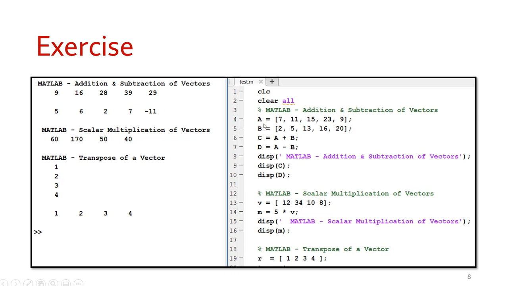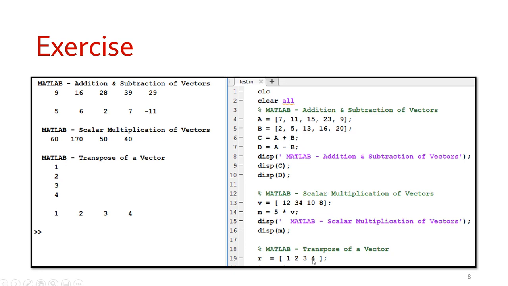So here we define A as a vector of 5 elements, 7, 11, 15, 23, 9, and B is the same thing. You can add the two vectors and put the result of the addition in another vector. You can subtract the two vectors and put the subtraction result in another vector. Also, you can multiply the whole vector by a scalar value. That again is possible, right?